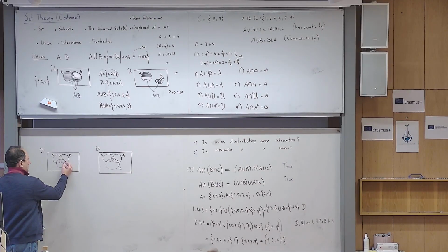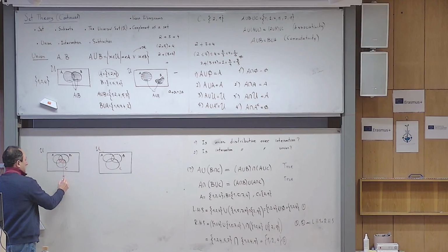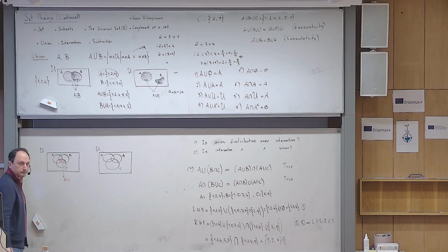I hope that you agree with me that this red part is B intersection C. Yes? And now, forget about B and C. Only concentrate on this red region. Now you want to take A, which is this circle, and union it with this red region.